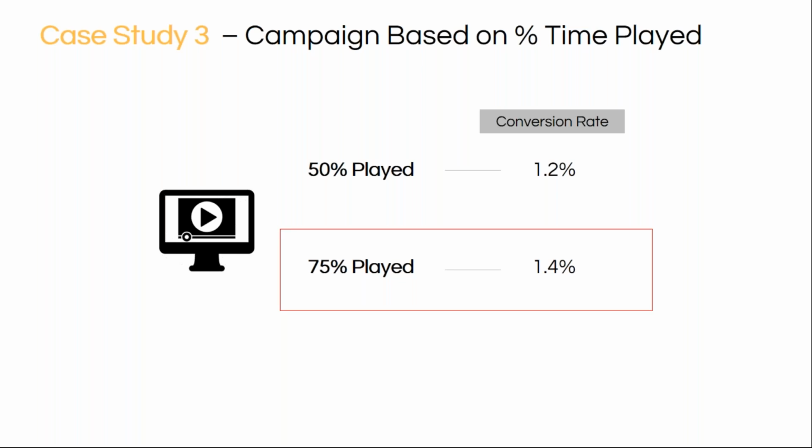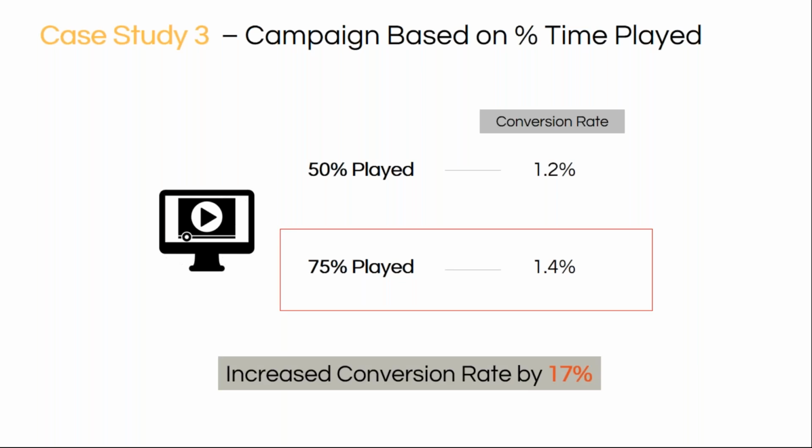So 70%, 75% means that they are highly interested in our content. So they show a very high conversion rate. Actually, the improvement we monitored was 17%.